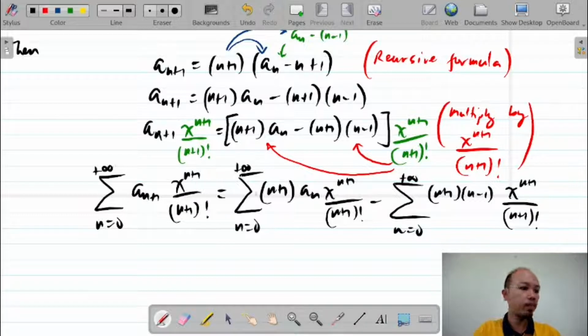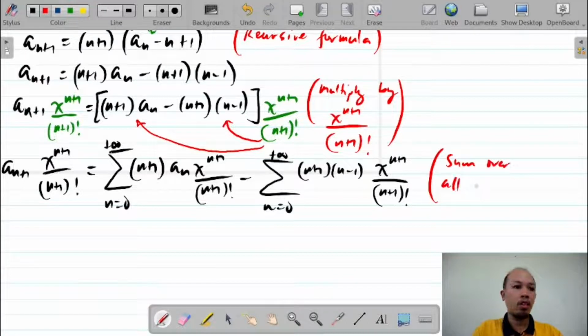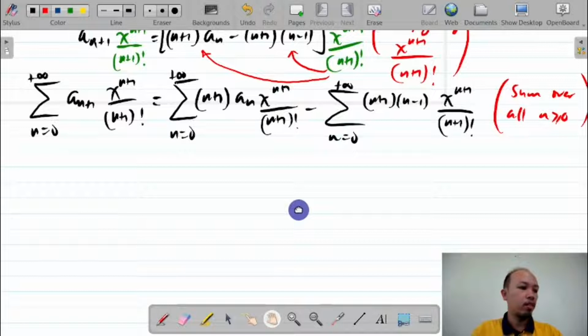Okay, so the idea here is to sum over all n greater than or equal to 0. So let's simplify first.